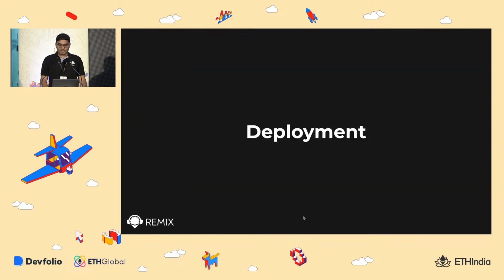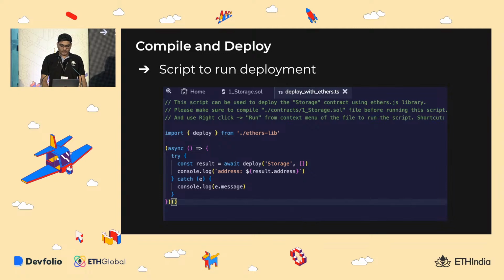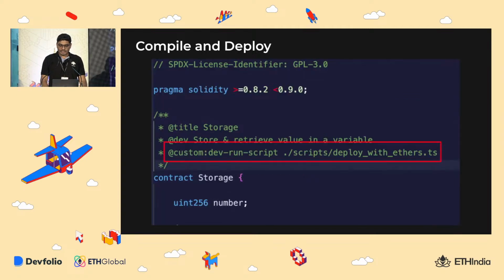Another use case can be with deployment. If you create any workspace using Remix workspace templates, there are some predefined deployment files using different libraries. You can use the ETHJS library for that, or the Web3.js library. Similarly, you can integrate that particular deployment script with your contract.